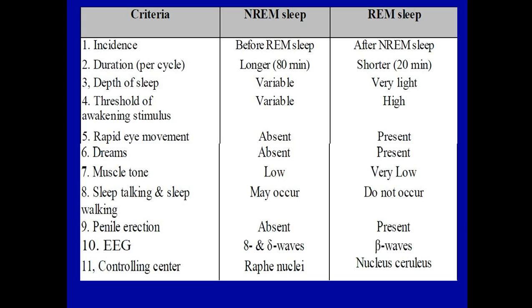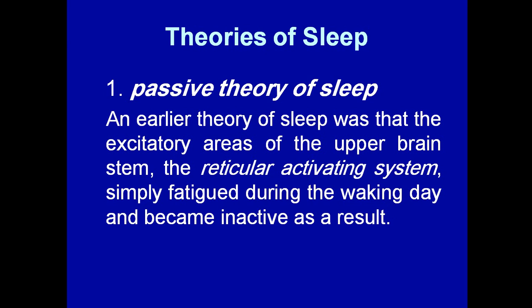Also erection is absent in non-REM sleep while it is present in rapid eye movement sleep. EEG is mainly of delta and theta waves in NREM while it's of beta waves in rapid eye movement sleep. The controlling center of non-rapid eye movement sleep is the raphe nuclei while it is the nucleus coeruleus in rapid eye movement sleep.